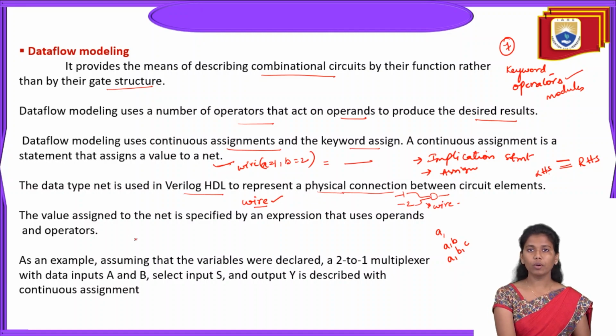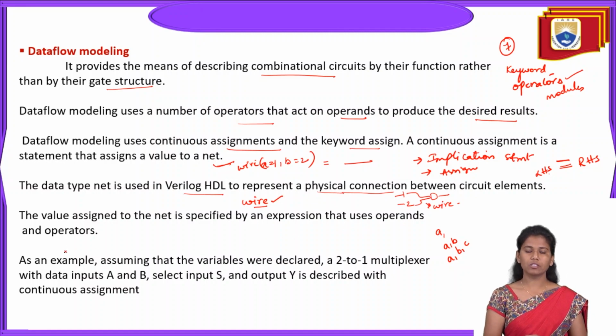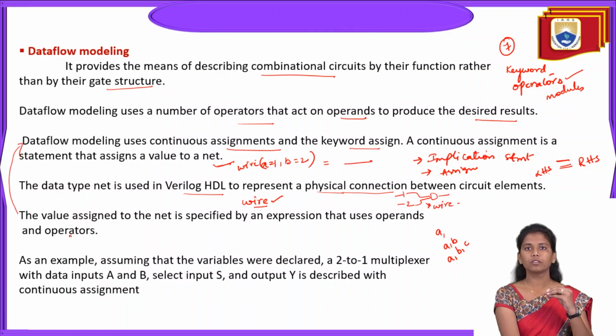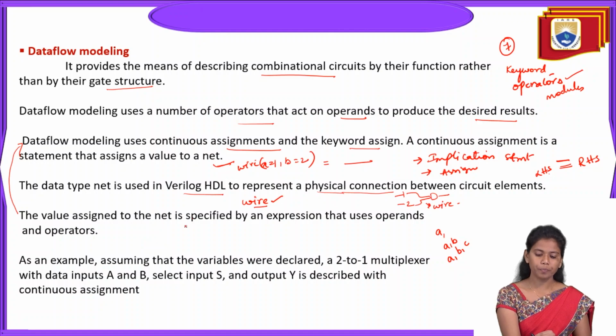Then the value assigned to the net is specified by an expression that uses operands and operators. So we are discussing this third point, which is closely related to the value assigned to a particular net. As I said, a net is a data type which consists of some values, right?